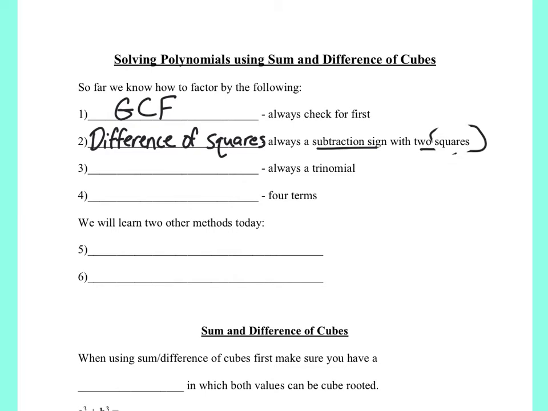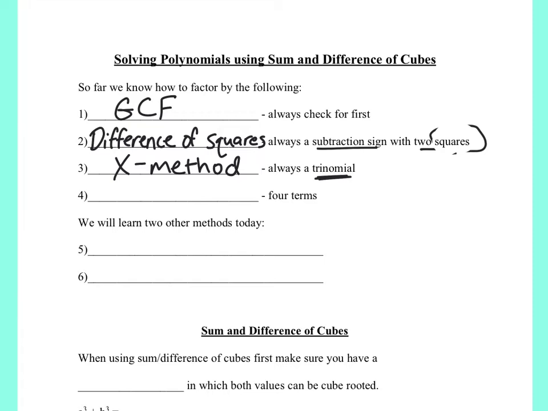The next thing we look for is a trinomial, which is how many terms? 3. Does anybody remember how we factored a trinomial? X method. Cool. If there are 3 terms, that is what you try. Always the X method. What about 4 terms?